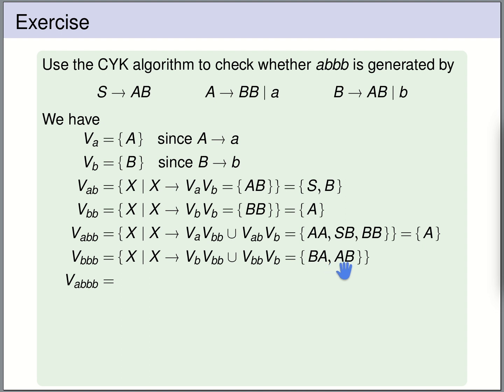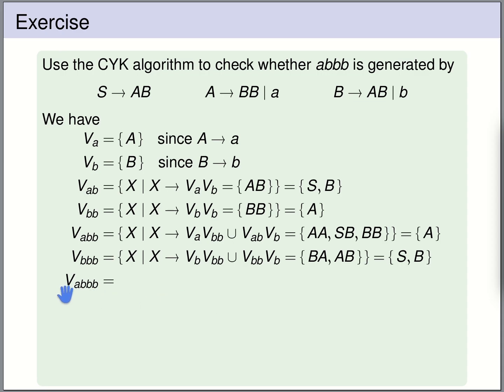So we get BA or AB. We are now looking for production rules that have BA or AB in the right hand side. BA never appears, AB appears twice. We have S and we have B. So this set consists of S and B.